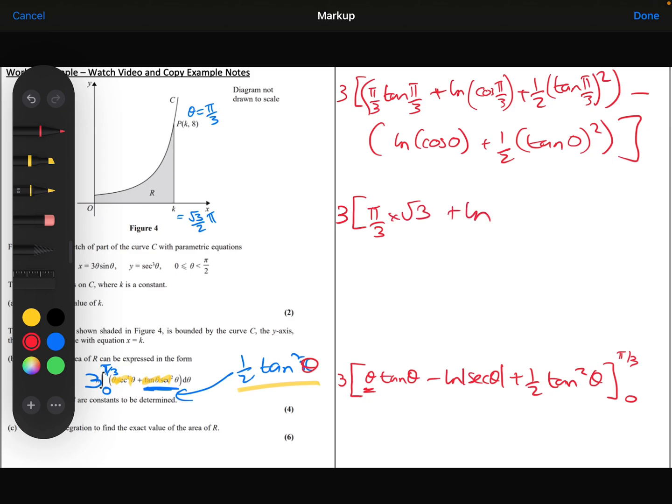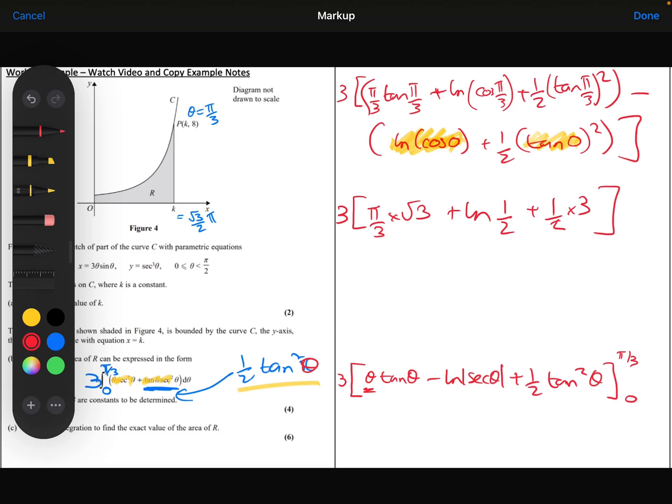Plus ln cos pi over 3 is 1/2. Then we've got 1/2 of tan pi over 3, which we know is root 3 squared, so 3. Cos 0 is 1. ln of 1 is 0. Tan 0 is 0. So 0 squared is 0. So everything else there is going to be 0.